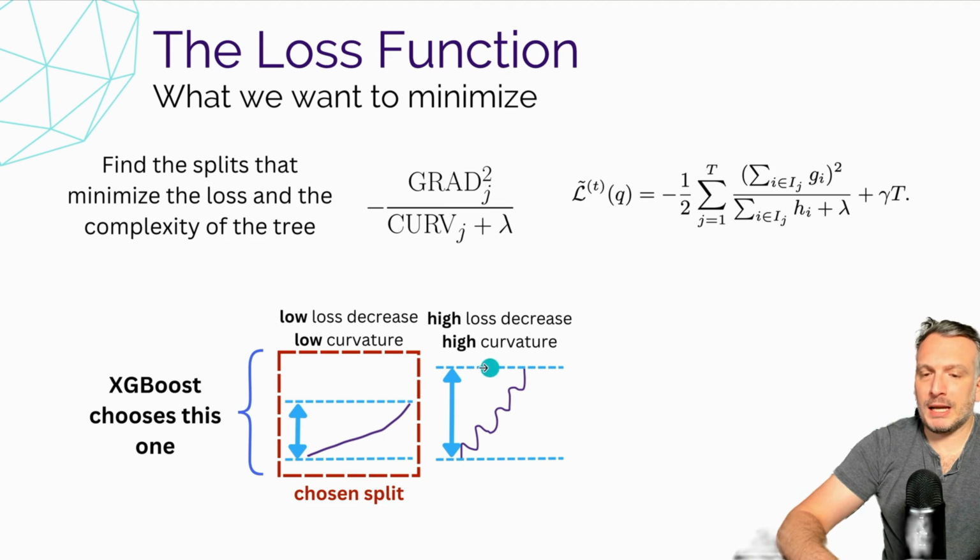A normal gradient boosted tree algorithm would take the split that maximizes the decrease in the gradient, but would not take care of the curvature. XGBoost would tend to take a split that is more conservative, where the decrease in gradient is not as much, but to make sure that the curvature is not as high as well.